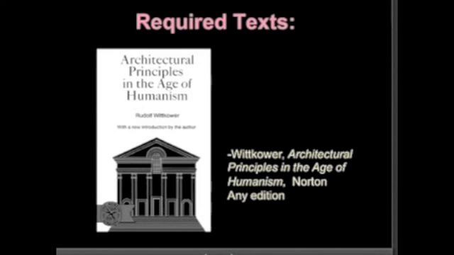Wittkower begins to look at architectural principles, that is to say, ordering principles. You know, what's the big idea, is what Wittkower would say, or how is a certain formal constraint transformed and manipulated.